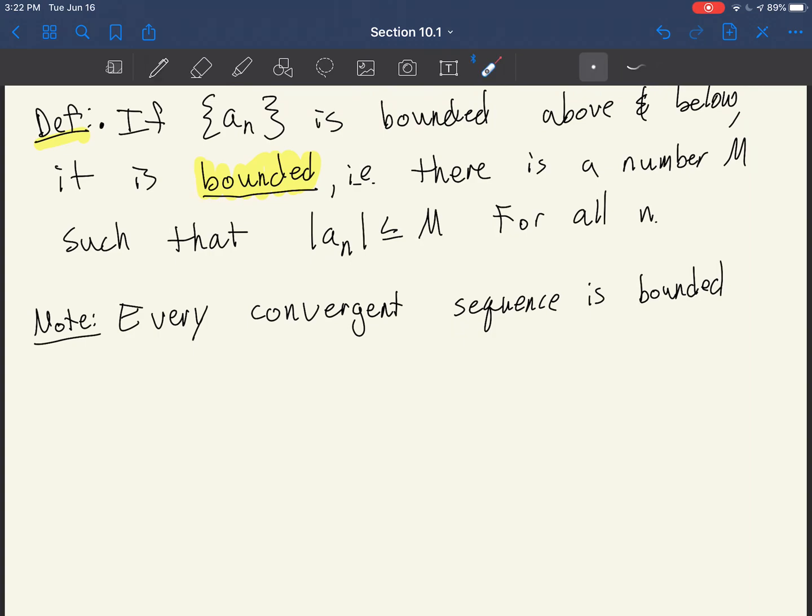So it goes off to a number, let m be that number for the most part, and then it's bounded by that number. Whether that's bounded below or above, it is bounded. However, not every bounded sequence converges.